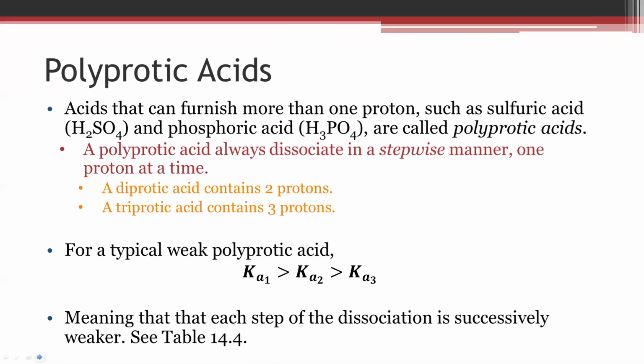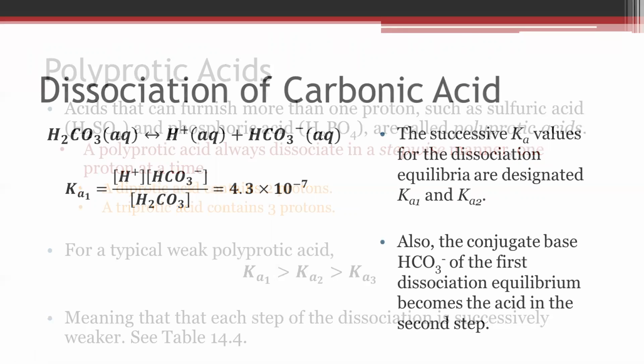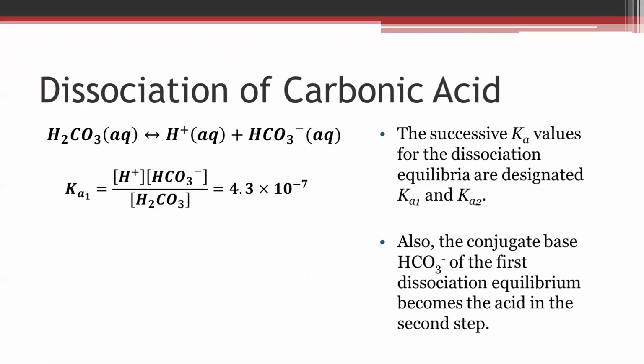And this is a representation to show that as you work your way down, the value of the Ka for each proton will get smaller and smaller. So it means that it's going to be harder and harder for you to lose that acidic proton each step of the way. So how does this come about? Well, look at carbonic acid.